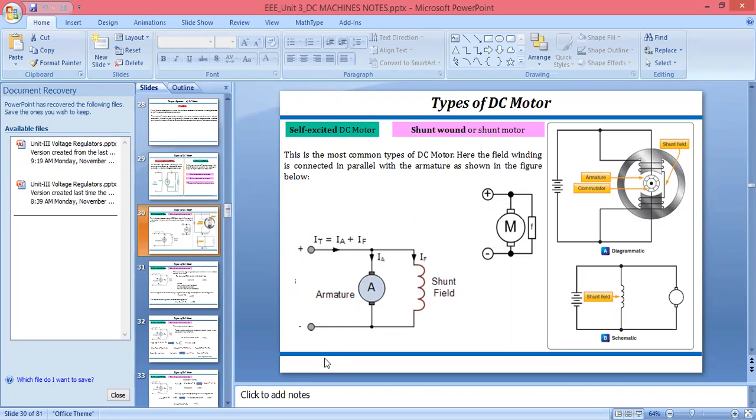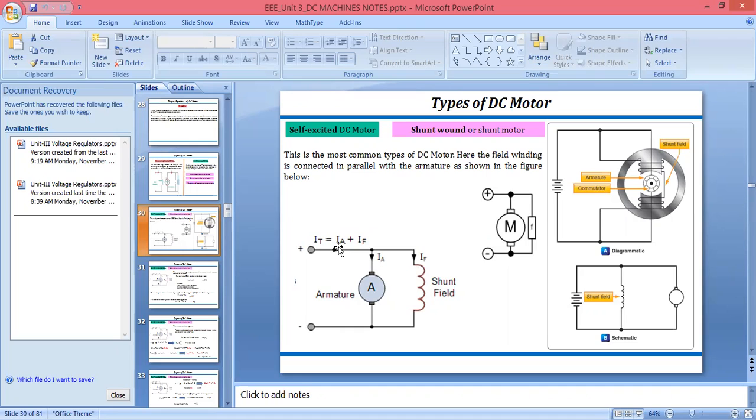Now when we give the power supply, some amount of current will flow through the armature, and some amount of current will flow through the field winding. If is the amount of current which will flow through the field winding. F is for the field and A is for the armature.